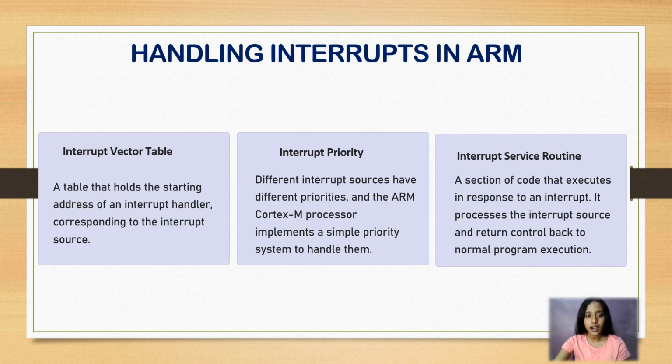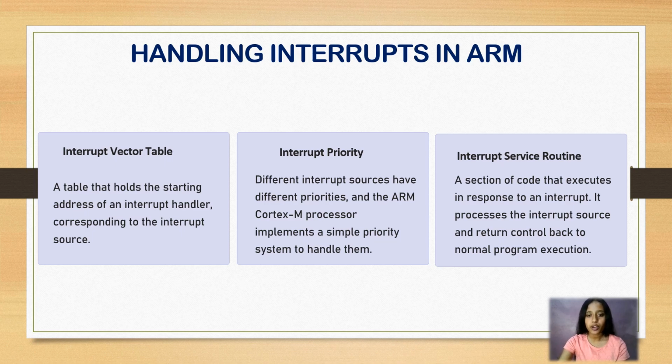Handling interrupts in ARM: the interrupt vector table. This is similar to the exception vector table, but it holds the starting address of the interrupts corresponding to the source of the interrupt.